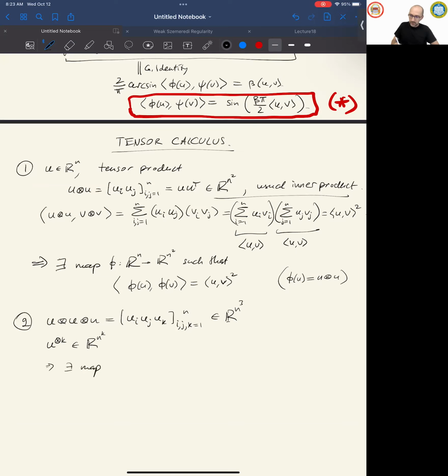There is a map phi from R^n into a much higher dimensional space, R^(n^k), that realizes the kth power of the original inner product as the usual inner product in a higher dimensional space. And the map is easy: phi of u is just the kth tensor power.